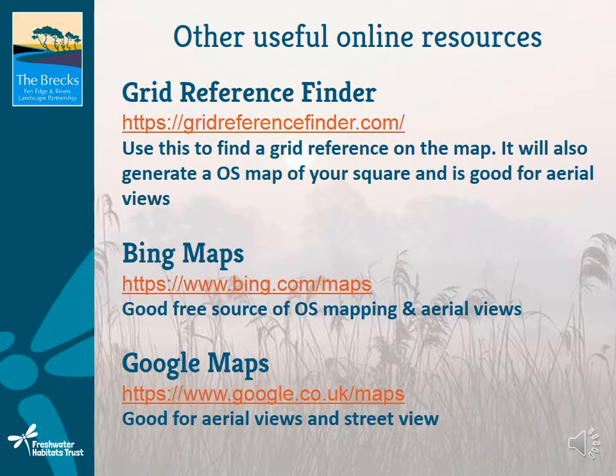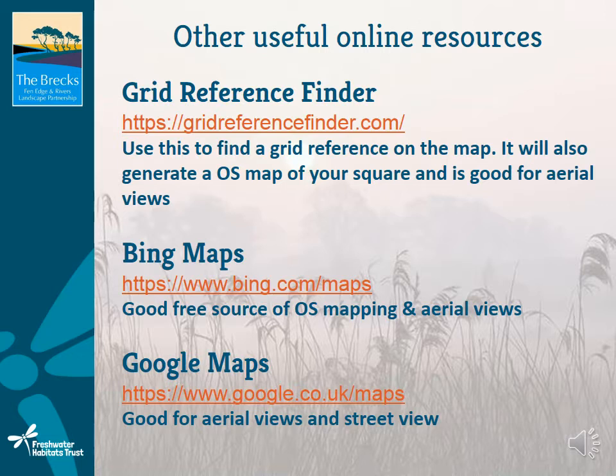Other useful online resources which are free are Grid Reference Finder. Now this is very, very useful to find a grid reference on your map, and I'll talk about this in the next few slides. It will also generate OS maps for your square, and it's really good for aerial views.